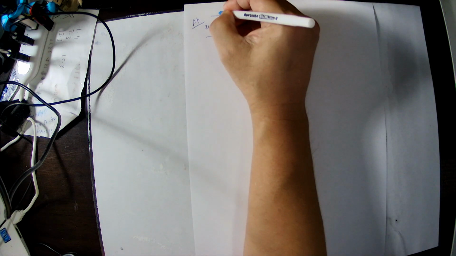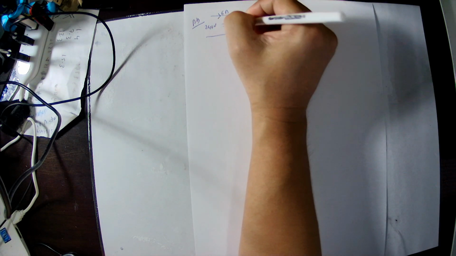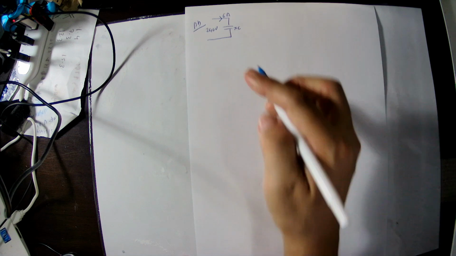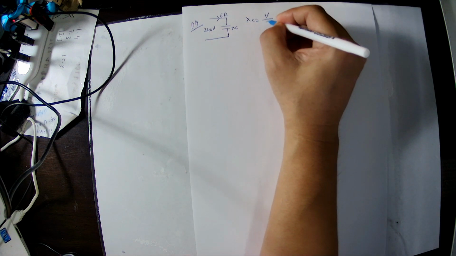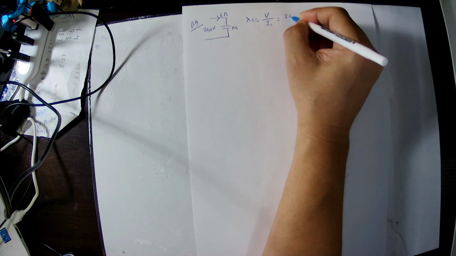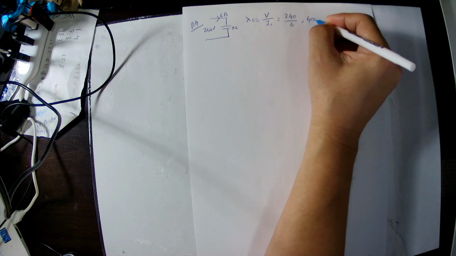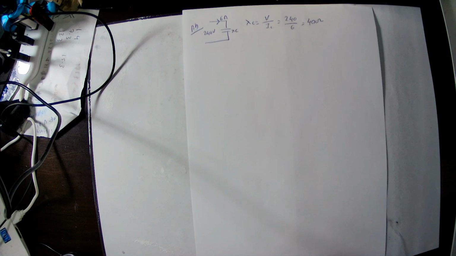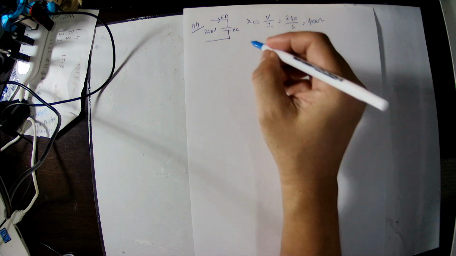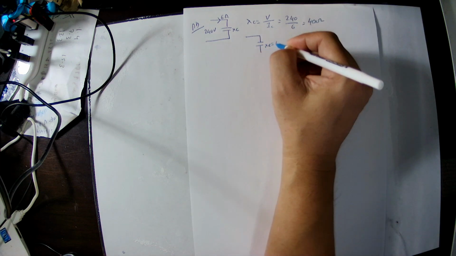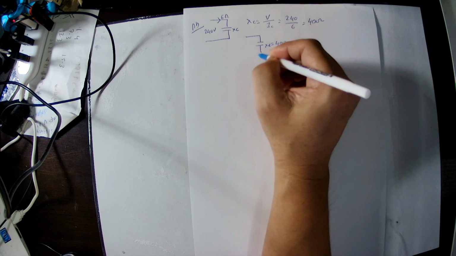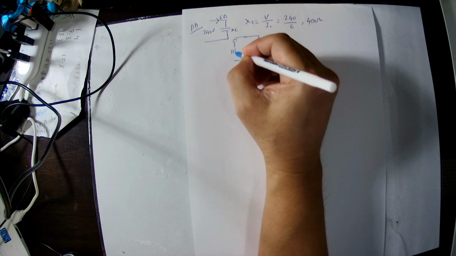Here we can calculate the Xc value. Xc equal to V by Ic. So voltage 240, current 6, so you get 40 ohm. Xc is 40 ohm. And then we change the supply. So this capacitor Xc is 40 ohm and supply voltage is 115. We need to find the Ic as well.